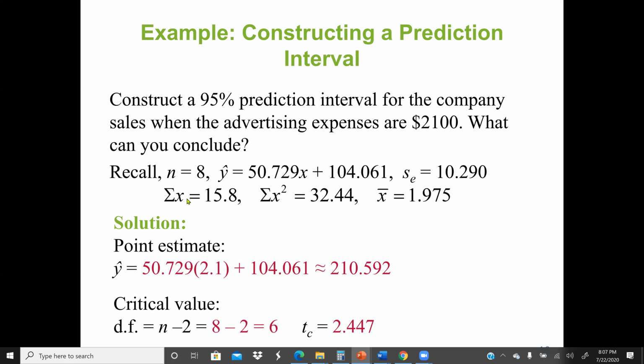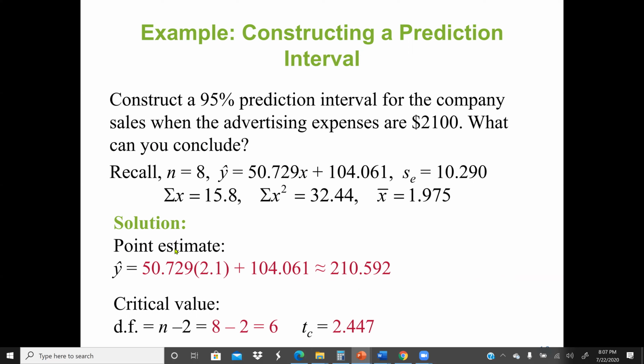And now our prediction is 2100. So when the advertising is 2100, we can plug the 2100 here, but that will not be 100% value. We say 95% prediction interval. So we are not going to plug it here as we did previously, but rather we want to find the interval. And that's the process we follow.